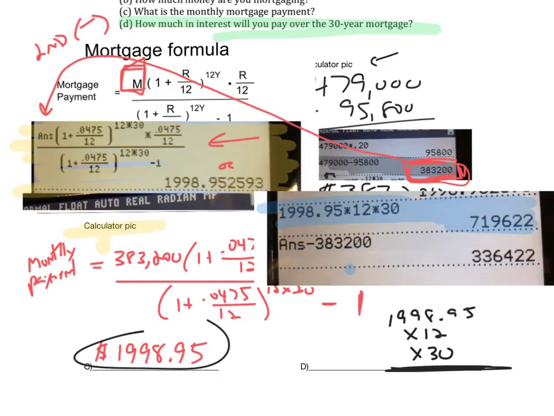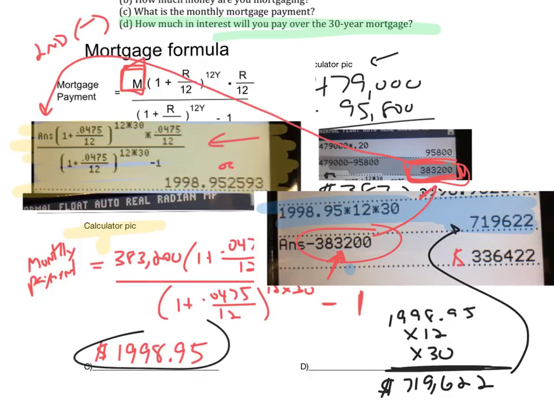That means you're going to be paying the bank back over the 30 years the $719,622 that you see right here. But then you always subtract how much money you're mortgaging. You always subtract your M value. So here's the key number for this part.